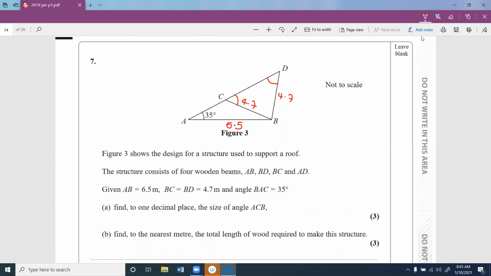They are referring to ACB, right? This angle is the angle they are referring to. Then you can see that this angle is in this triangle. And you know two sides and two angles.